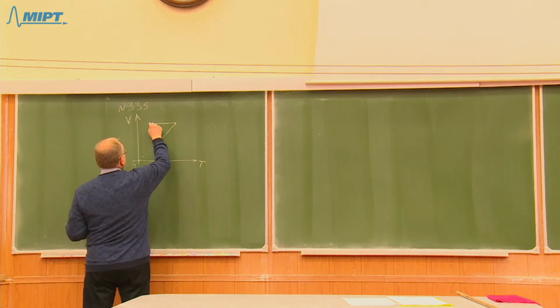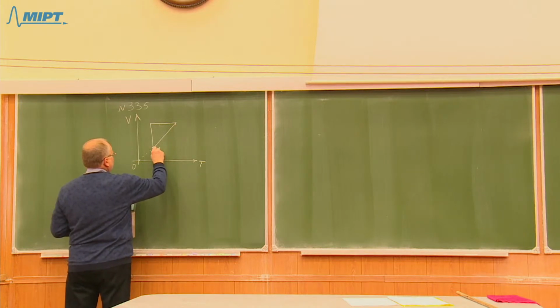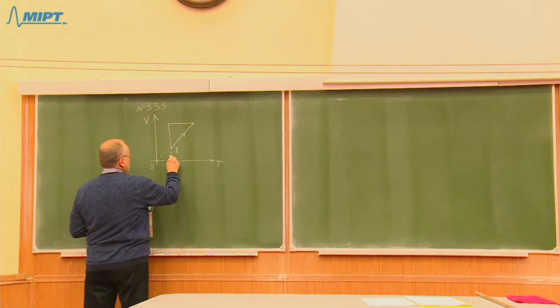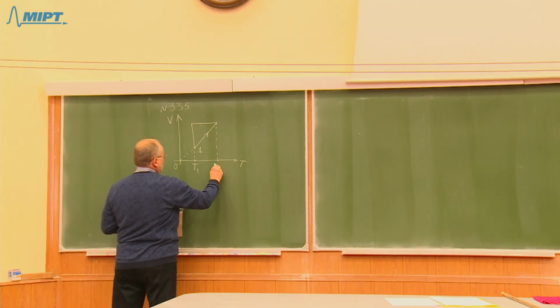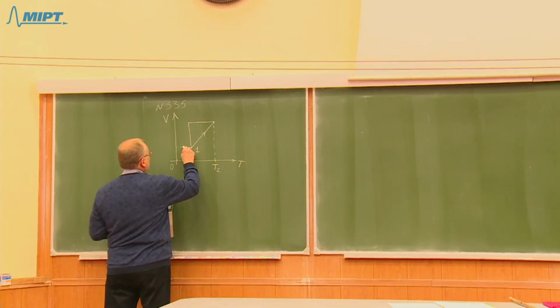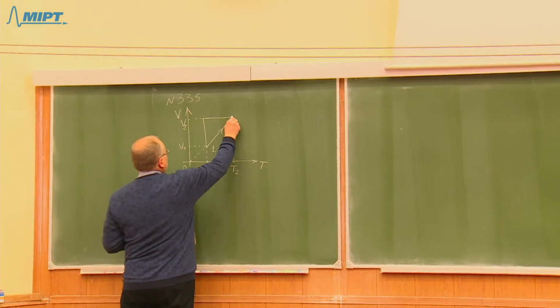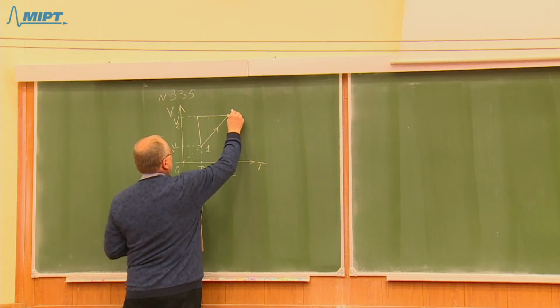in such a way that the cyclic process starts at point 1, and then the state of the gas is changed so that the temperature increases from T1 to T2, and the volume also increases from V1 to V2, and so the gas is transferred from point 1 to point 2.